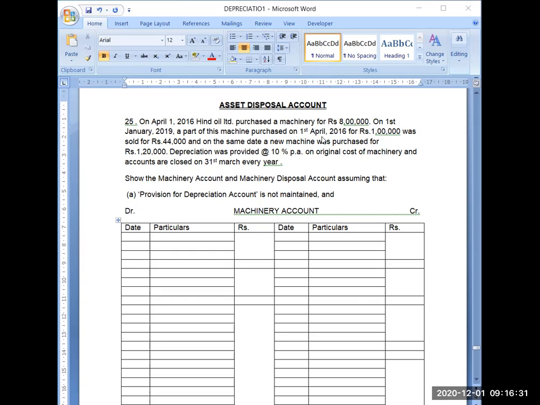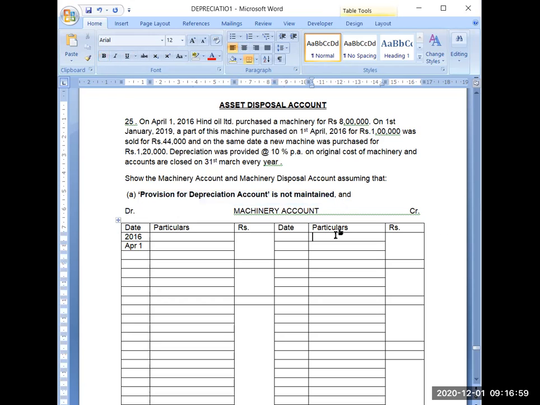Okay, so now we will be starting from the year 2016-17, and on April 1 we have purchased. Right now we are doing the question when provision for depreciation account is not maintained. So when provision for depreciation account is not maintained, we will be maintaining only a single account for the asset, that is machinery account.